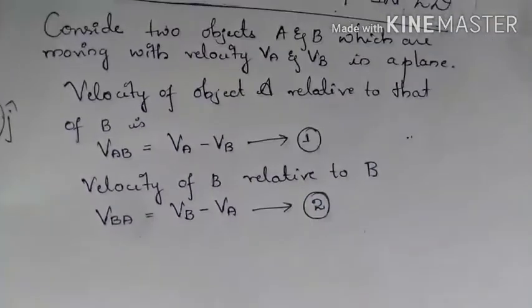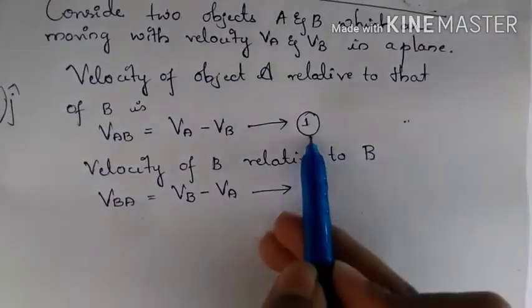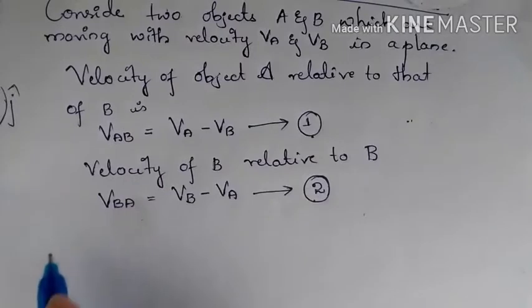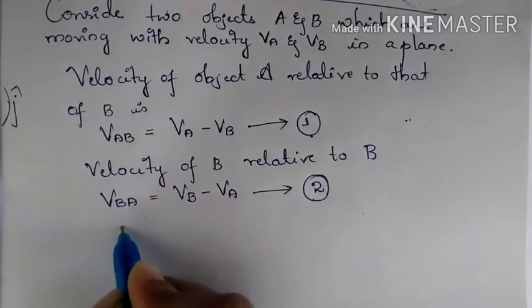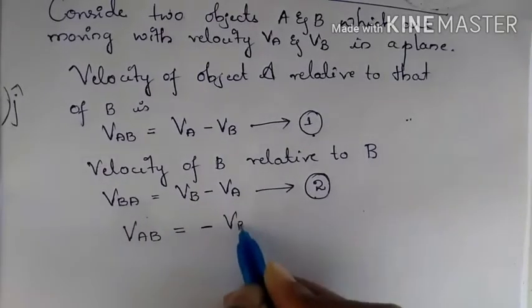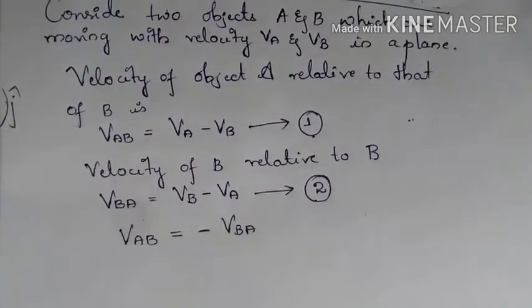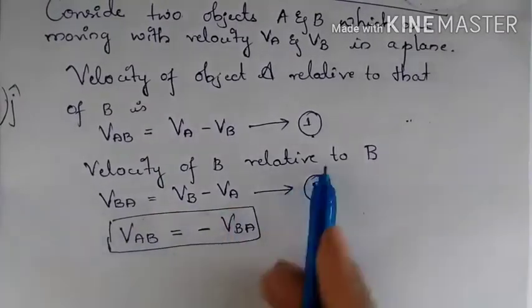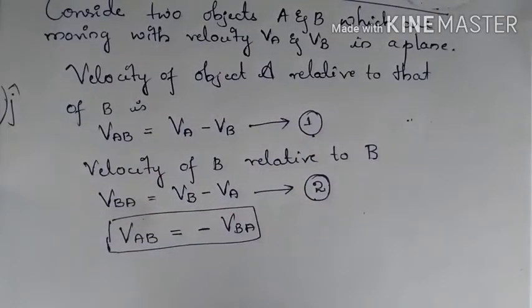If you observe clearly, equation 1 is the negative of equation 2. So let me write VAB equals minus VBA. This is what you can infer from the two equations written above.